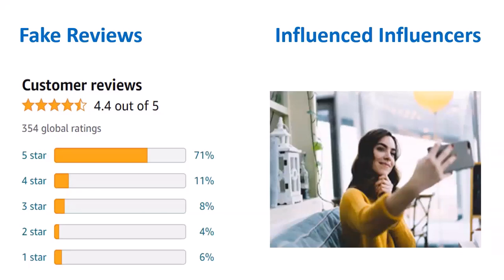And Amazon is working on this. Actually, it's a lot better than it used to be, but there still are fake reviews. And then we have the influencers who don't disclose that they're being paid in some way to promote particular products.